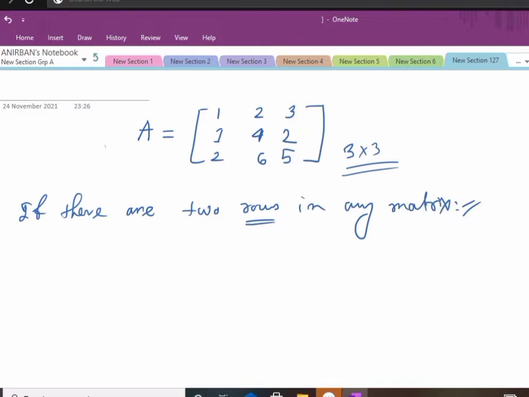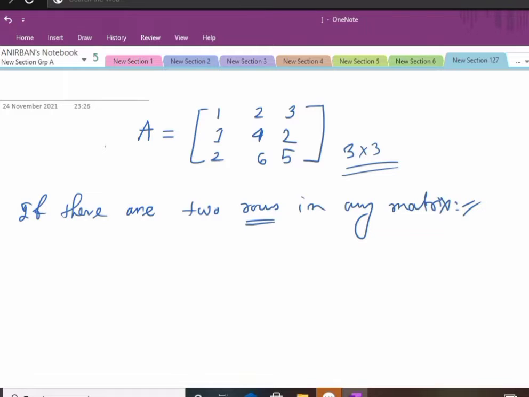So we know that a matrix with one non-zero row has rank 1, two non-zero rows has rank 2, and we have learned that three non-zero rows has rank 3. So there are many types of concepts.